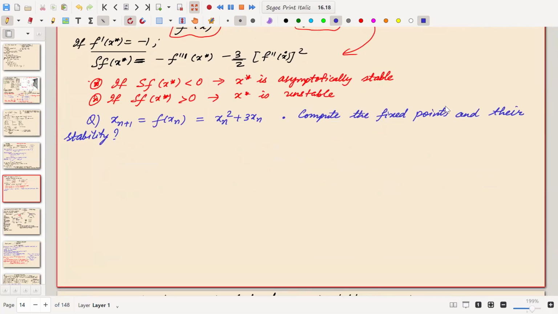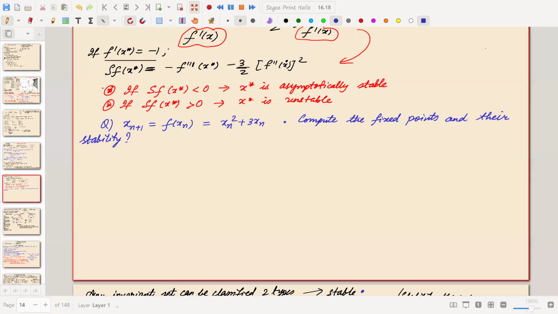Can you do that? So x star equals f of x star gives you x star equals 0 and x star equals -2. So one fixed point is 0, another fixed point is -2. We have to decide which one is stable and which one is not.